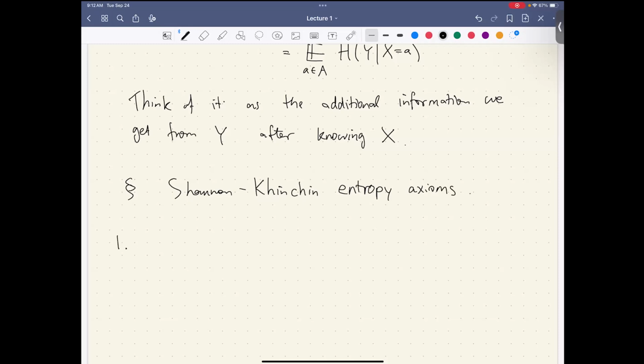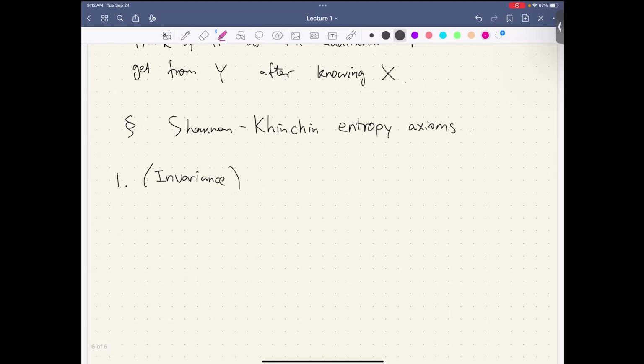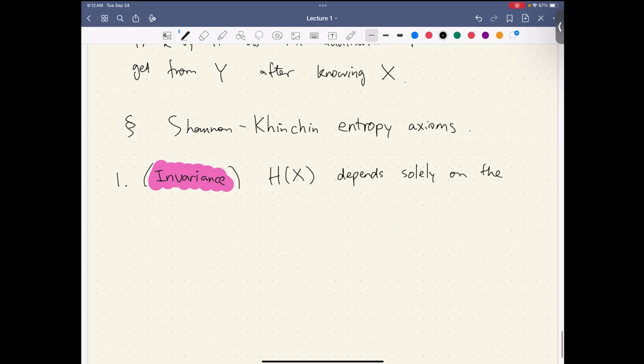The first one is called invariance. Invariance says the entropy of a random variable x depends solely on the distribution of x, the probability distribution of x.